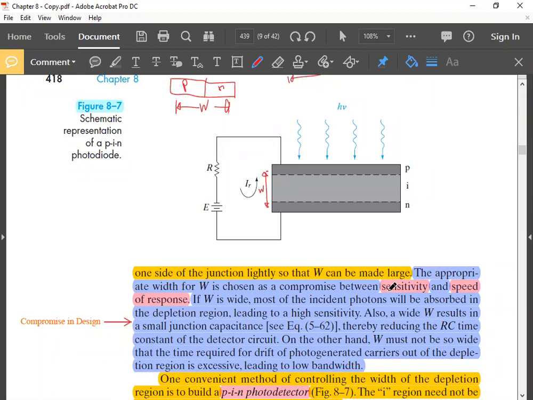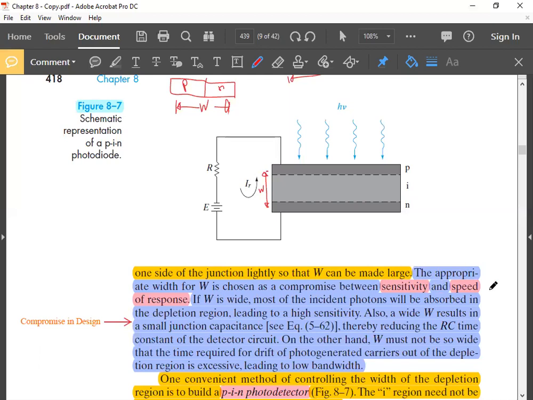You can understand, if the number of photons is small, the carriers generated will be small, so the current will be small. So if a photodetector can generate a large amount of current even for a small number of photons, that photodetector is more sensitive.